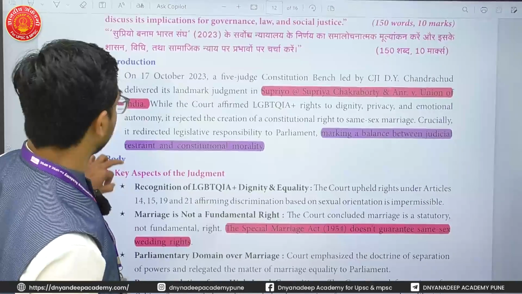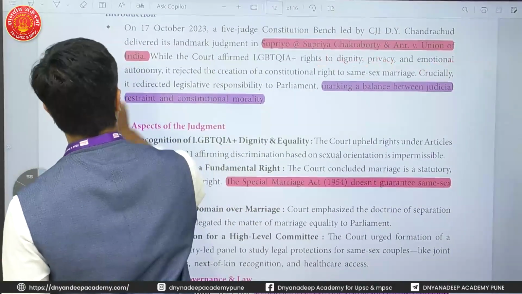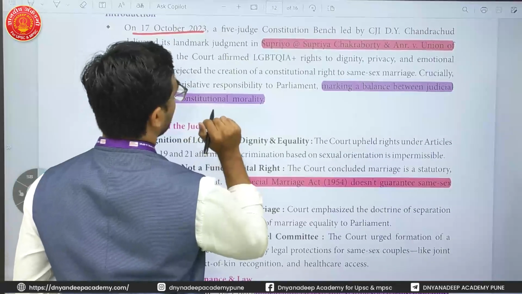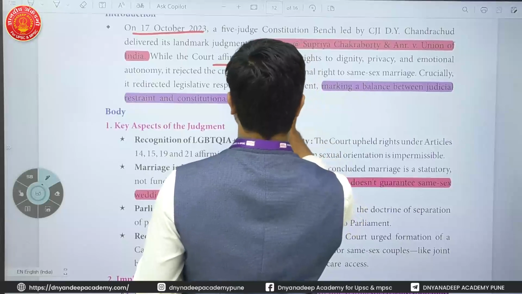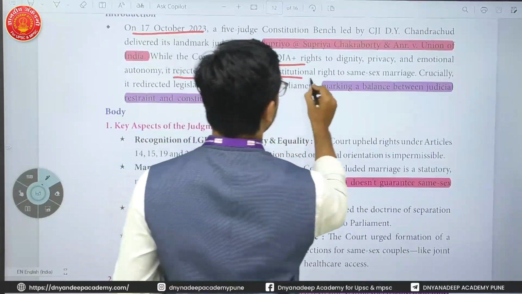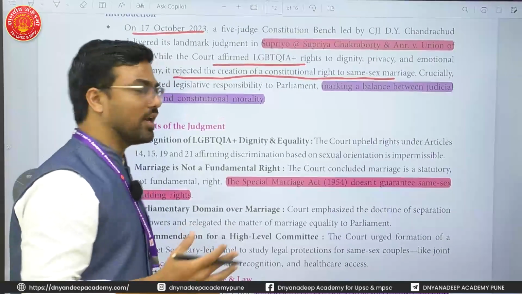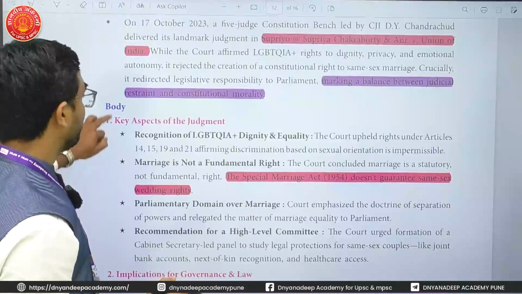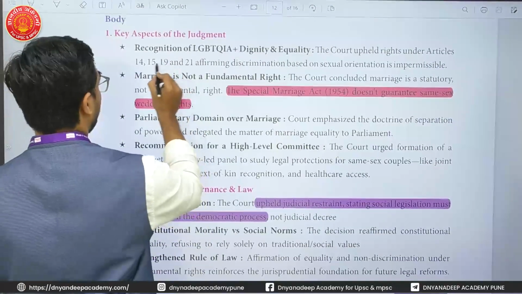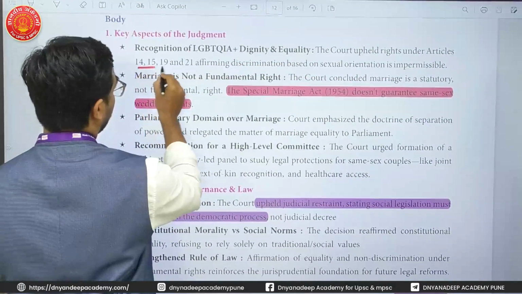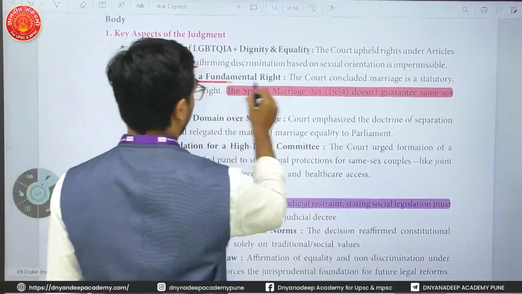that was the judgment. Right? This judgment was in October 2023. The court affirmed their rights, but it rejected creation of a constitutional right of same-sex marriage. It says that it is the purview of Parliament. So key aspects of the judgment: it recognizes the rights of the LGBT community under Articles 14, 15, 19, 21, but it says that marriage is not a fundamental right.